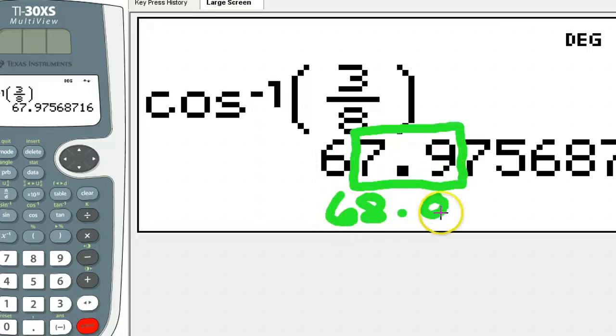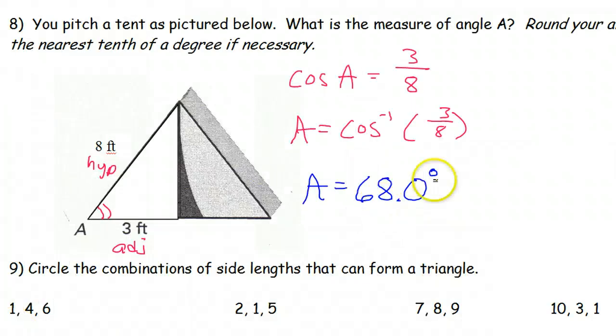So 68.0. Okay? That was interesting. And that is degrees. We are talking about an angle. So that is the answer for number 8.